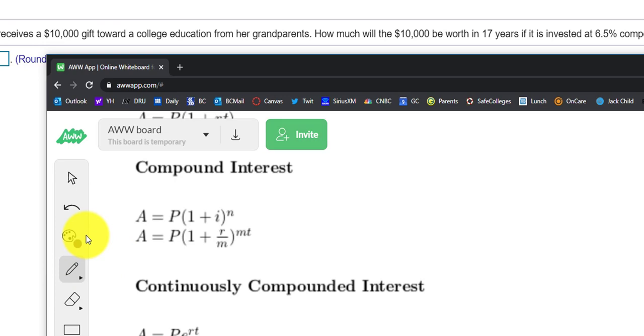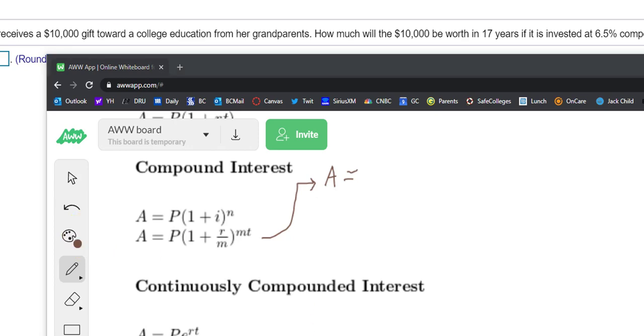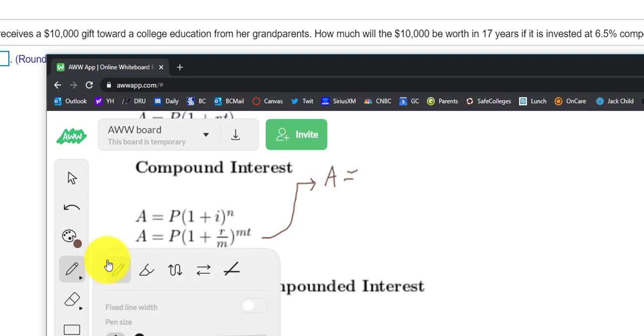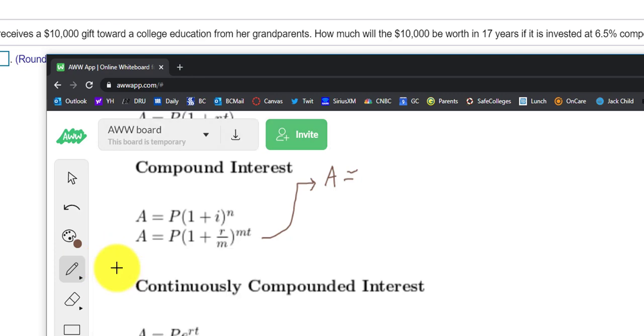So I'm going to use this bottom formula where my A is going to be equal to, let's see here. And, oops, my pen stopped working for a minute. My P is what I start with. So in this case, I start with the 10,000.